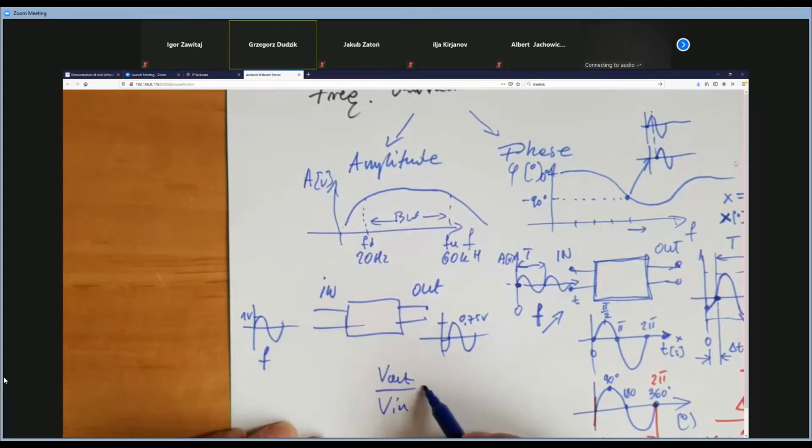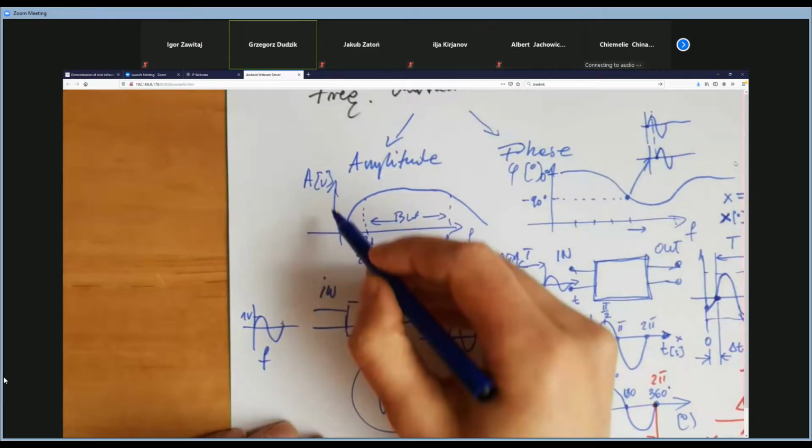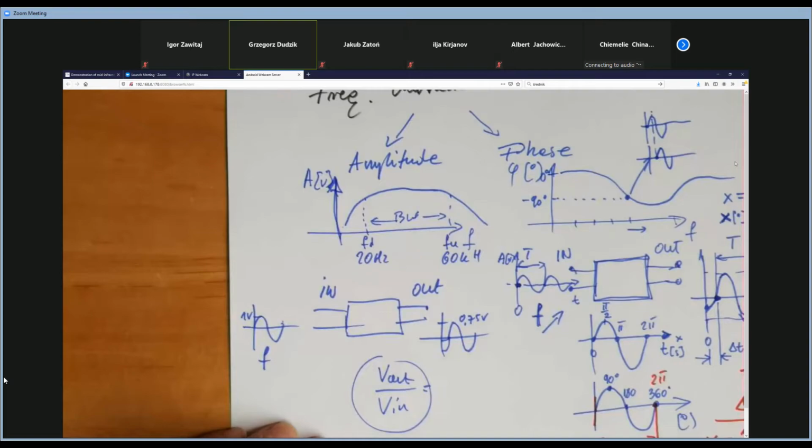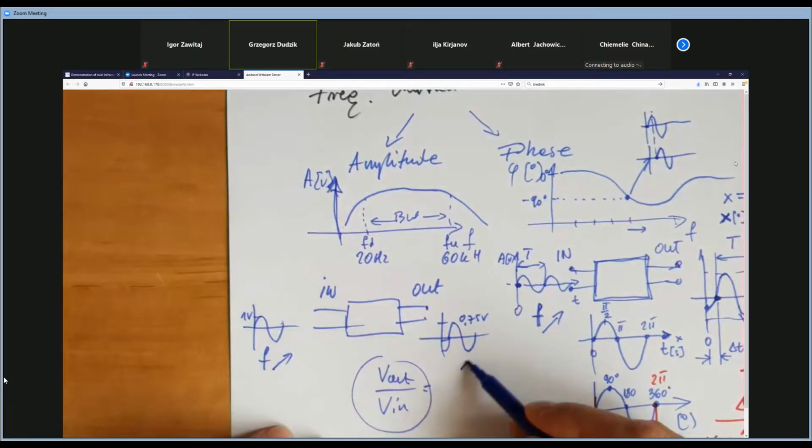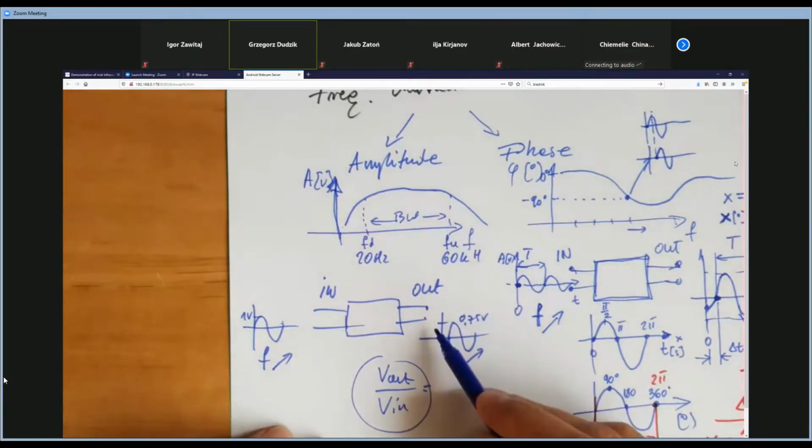And then that expression will be on the y-axis, and that also will be the amplitude characteristic. All right, so if the frequency is changed, we observe the change in amplitude on the output.